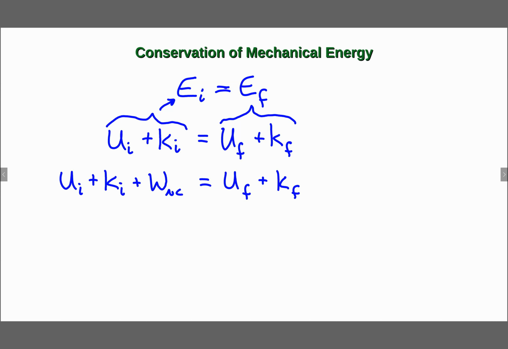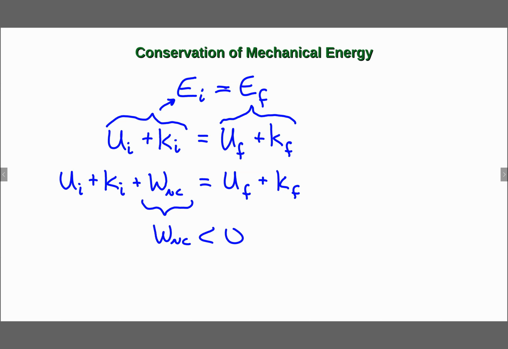Now, all I'm really saying here is that on a lot of occasions, this non-conservative work is going to be negative. If it's something like friction, then W_NC will be negative, or W_NC is less than 0.